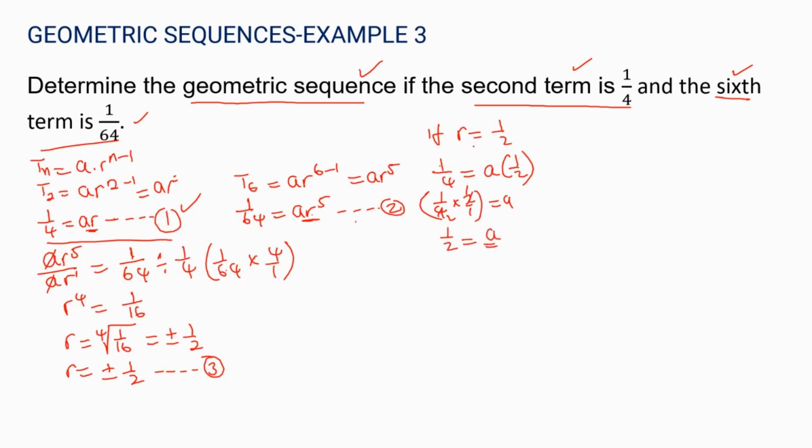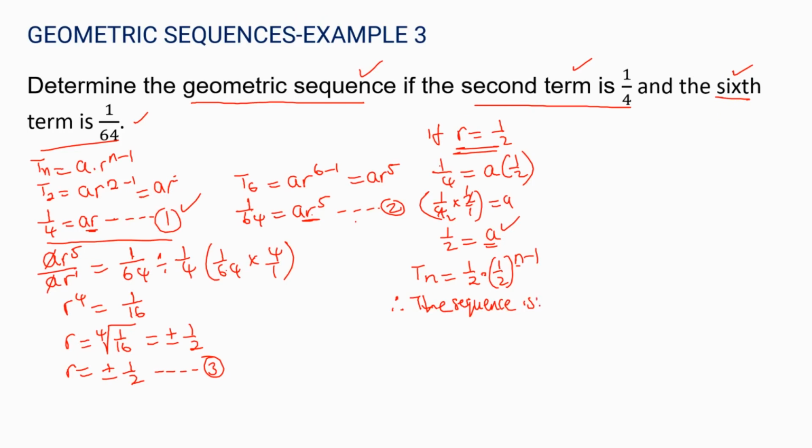So if R is 1 over 2, therefore our Tn is going to be 1 over 2, that's our A, times R, which will be 1 over 2, to the power n minus 1. Now what will be the sequence?